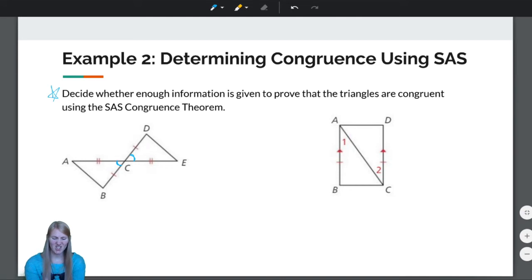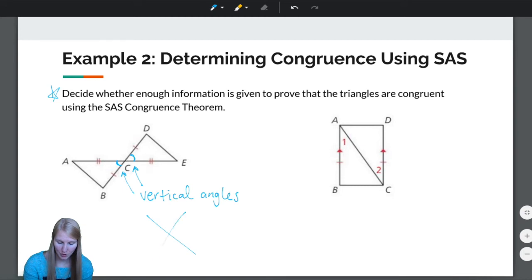So, is there any way of knowing if these two angles are congruent? What do you think? Do we know that these two angles are congruent or no? Remember that these angles are vertical angles.